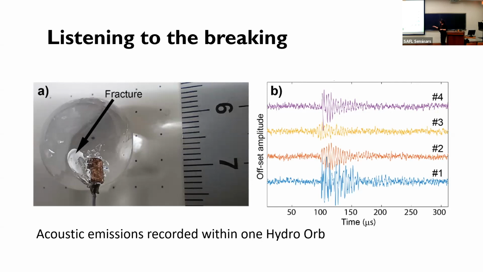The first signal that comes in is this one here, the blue one. So we clearly get a signal from the initiation, followed by a whole bunch of smaller signals that are basically being produced while this fracture is propagating through this bead. So this was really encouraging, because it is at least a proof of concept that theoretically we can listen to individual beads breaking.